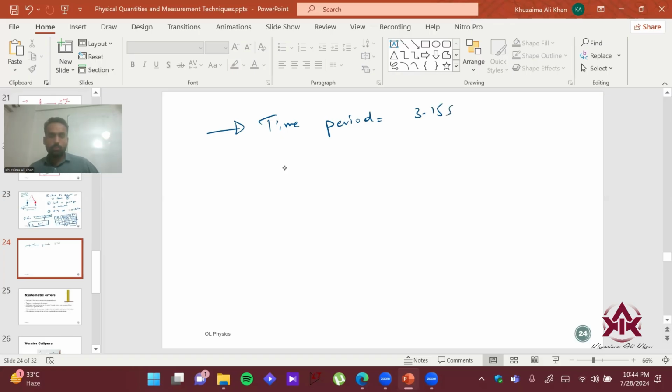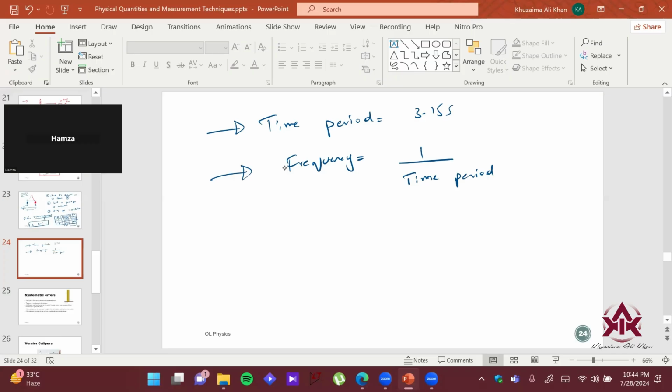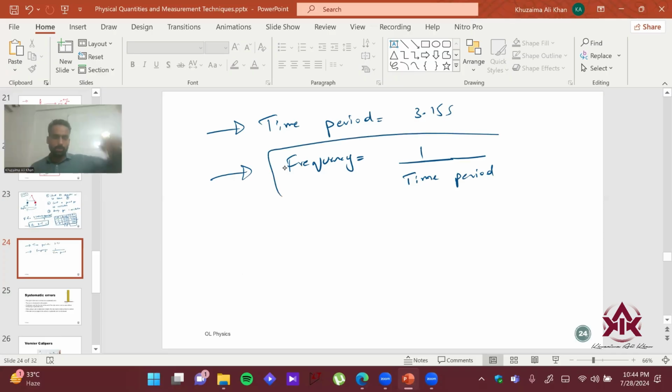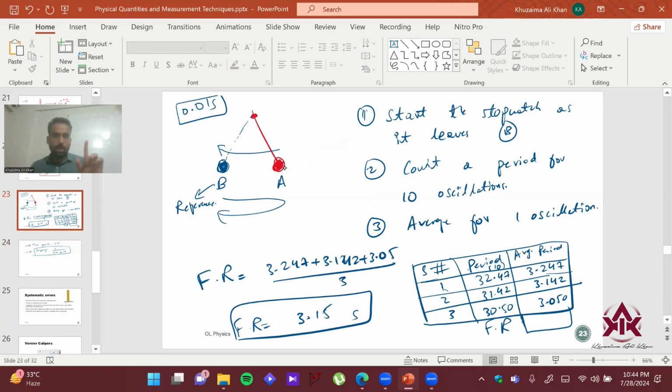So now if you want to find the frequency, what is frequency? Anyone tell me what is frequency? Number of times. Yeah. So the number of times your pendulum oscillates in 1 second. So it's the reciprocal of the time period. How many oscillations your pendulum does in 1 second.